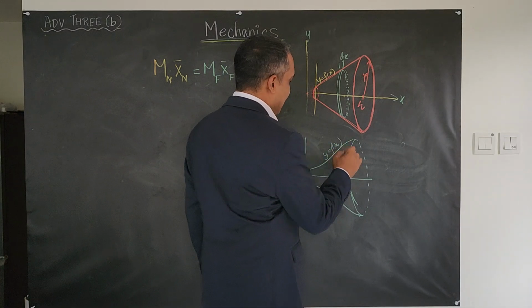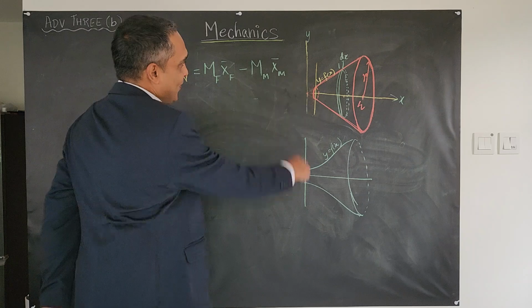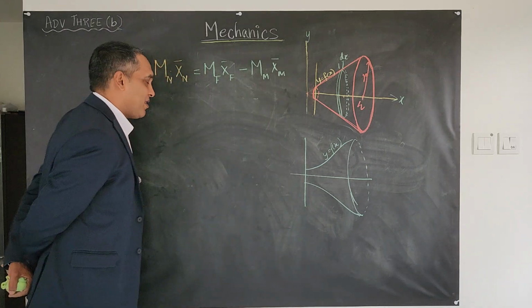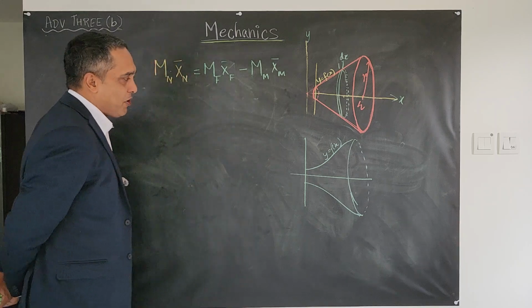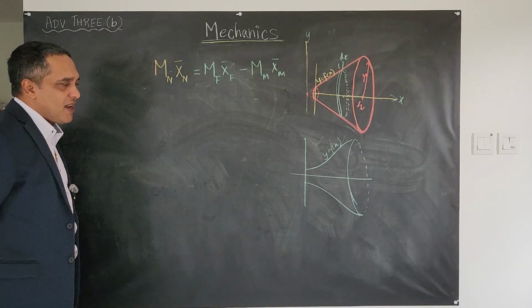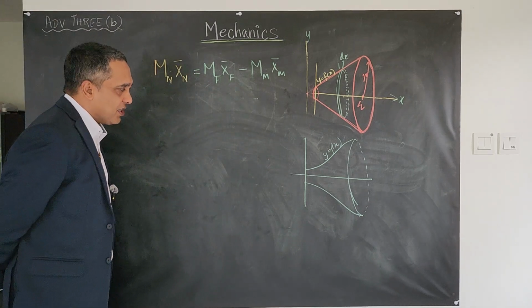It is exactly the same thing, except that it's not a straightforward y is equal to r by h x. Here y is equal to f of x. They specify it as a function for you, and usually it's not an overly complicated function.